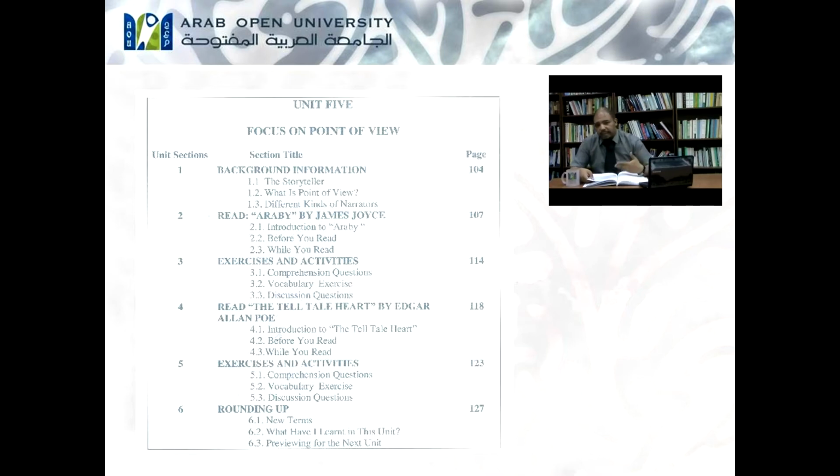So the unit sections, you have section 1, background information. The items that we have under background information are the storyteller. We're going to talk about the short story as pure storytelling and the role of the storyteller, whether storytellers are identical or they differ, and if they differ, how they differ.